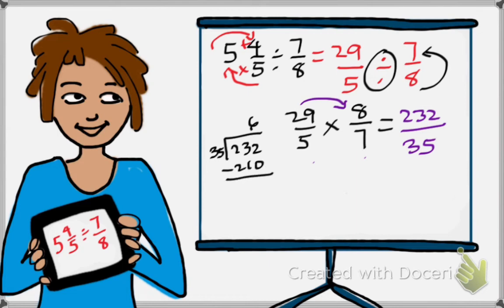Take away, that's 2 here and 2. So we have 6 and 22 over 35. 6 and 22 over 35. And that's our simplified answer.